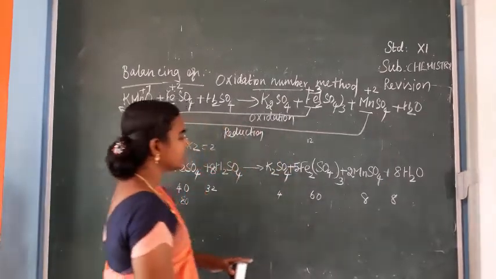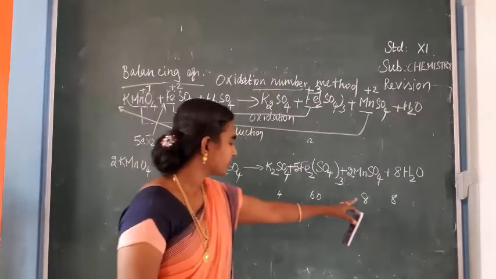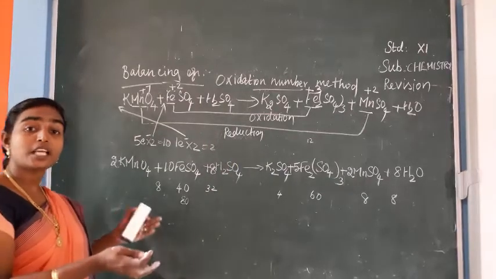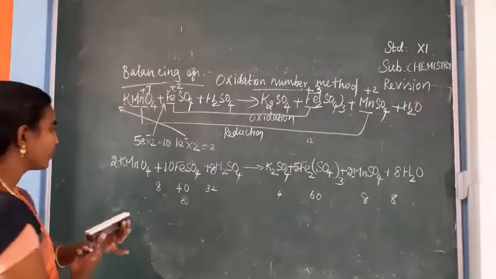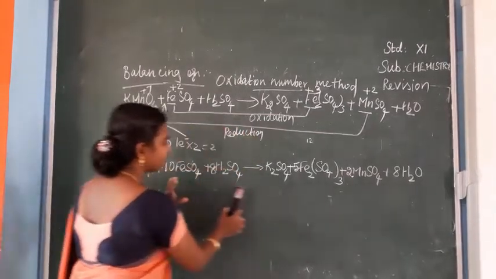When you add, it must be 64. So oxygen atoms automatically get balanced. Is it clear, students? This equation is the balanced one.